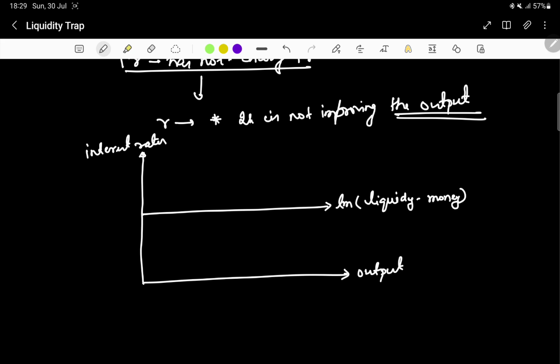The LM curve is horizontal at the critically low rate of interest, and any amount of money supply will simply lie over the initial LM curve, and the IS curve, which used to pass like this, say IS is intersecting the LM curve at y1, so it would not be able to influence your output. Output will remain at y1 only, given your RC.